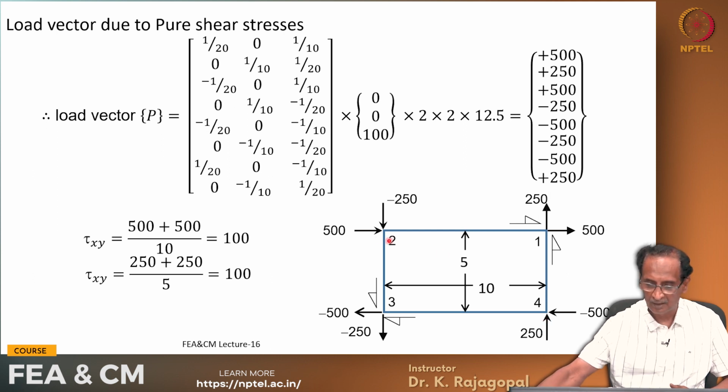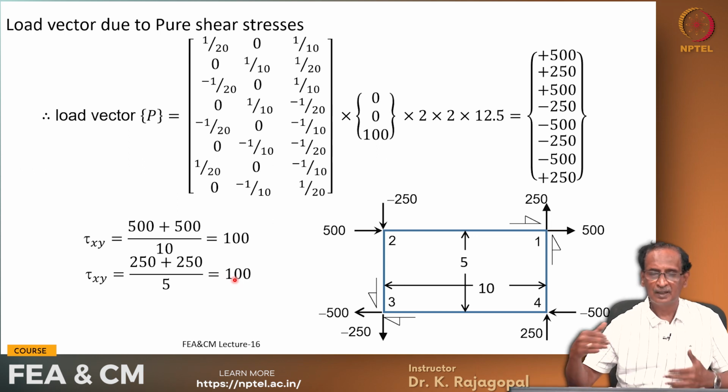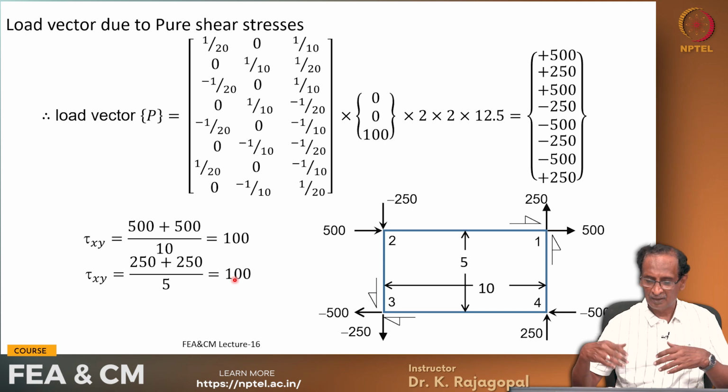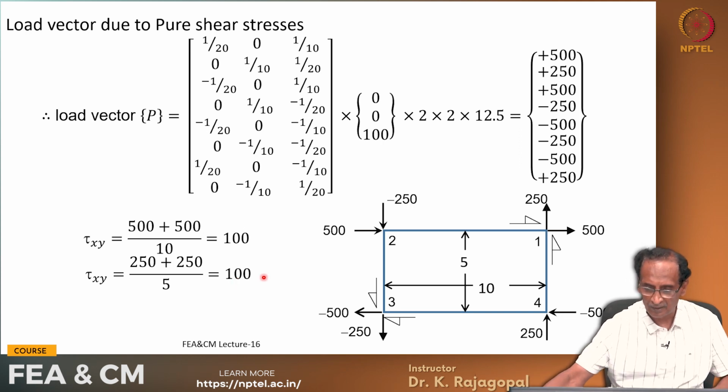And the shear stress along any surface, say along this horizontal surface we have 500 plus 500, that is 1000 divided by 10 times 1, that is 100, and then on the vertical face 250 plus 250 by 5 times 1, that is 100. So, that is the applied shear stress, and we get the same shear stress even by manual calculation.